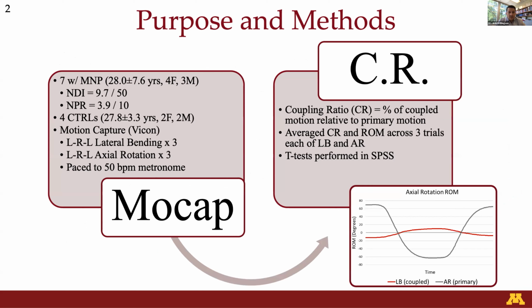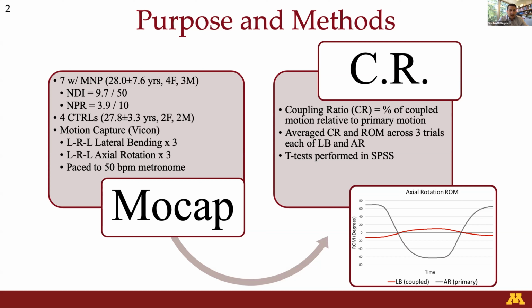To do this, we enrolled 11 individuals: 7 had chronic mechanical non-specific neck pain with a mild to moderate amount of disability and pain, and 4 were matched controls. We had each of them perform lateral bending and axial rotation while markers were placed on the head and torso, and we recorded global kinematics.